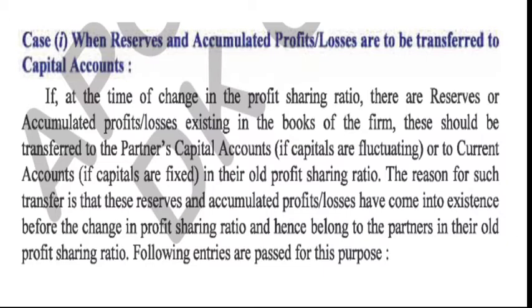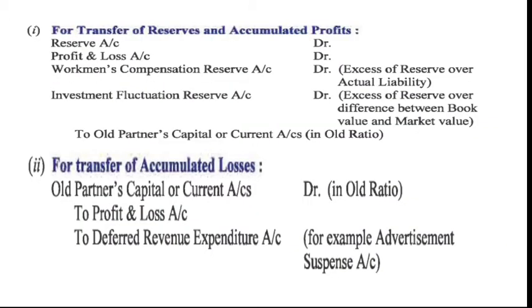So before the profit sharing ratio was changed, these reserves and accumulated profits and losses were already there. That's why we are transferring them to the capital or current accounts of old partners in their old profit sharing ratio only. Following entries are passed for this purpose. So we'll see what entries are done.